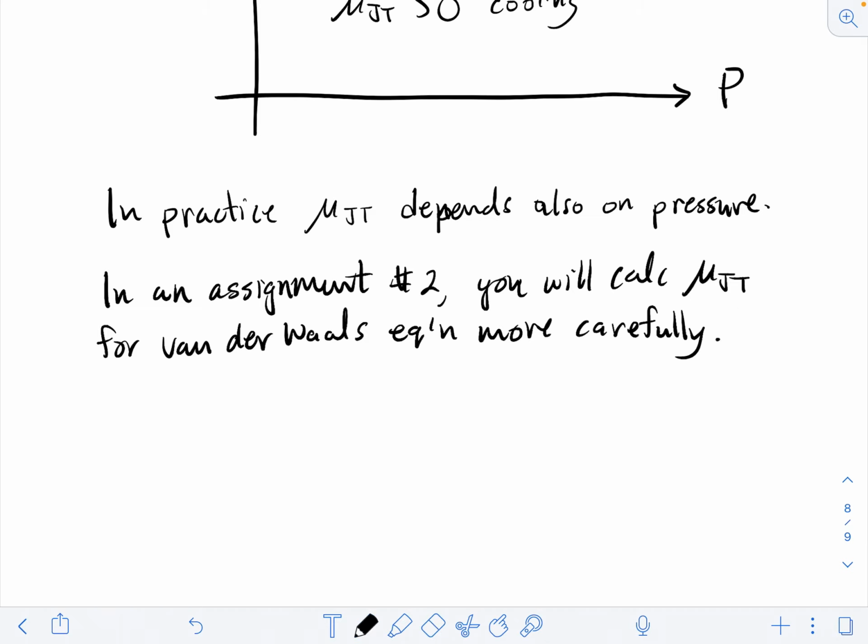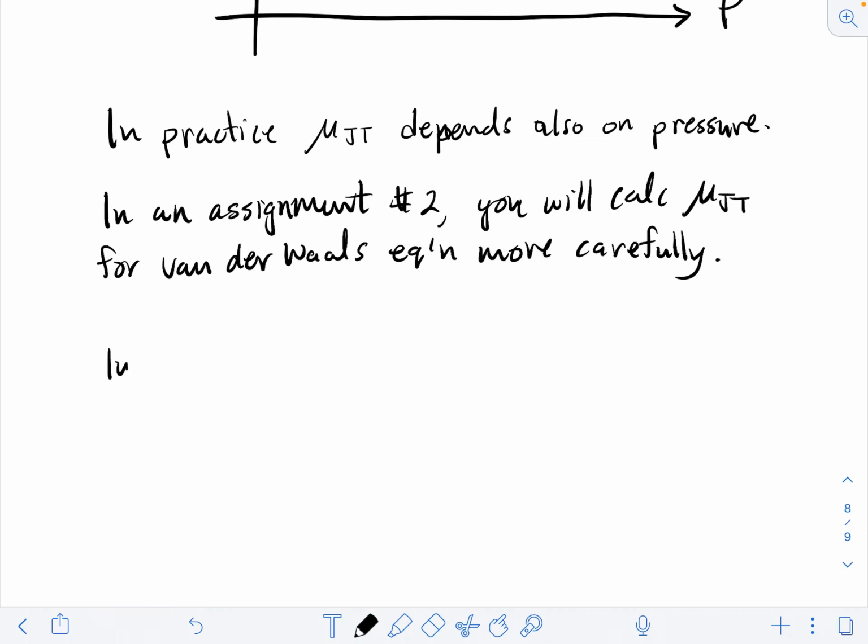Specifically, in your calculation, you're not going to make the following approximations.